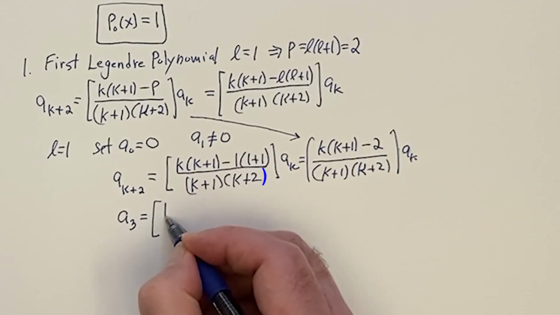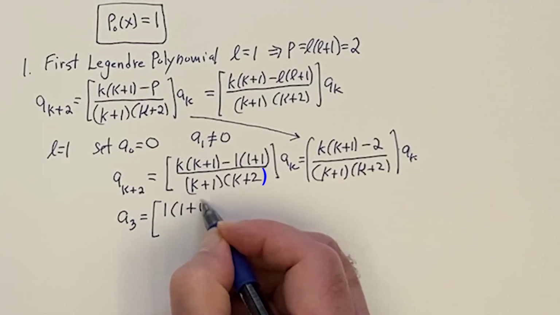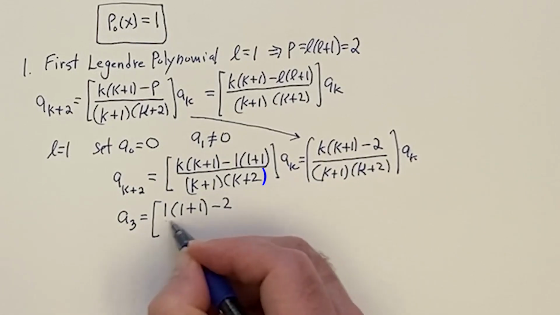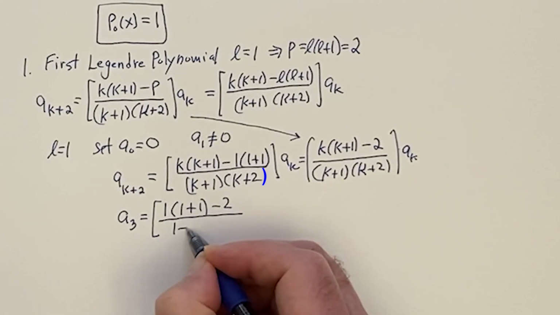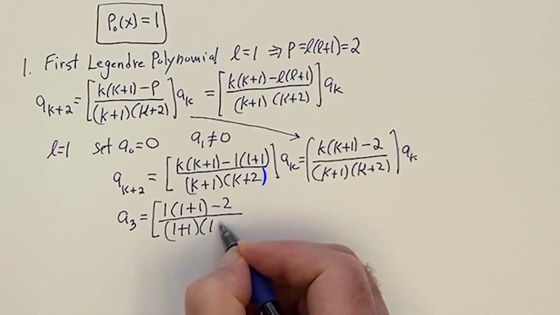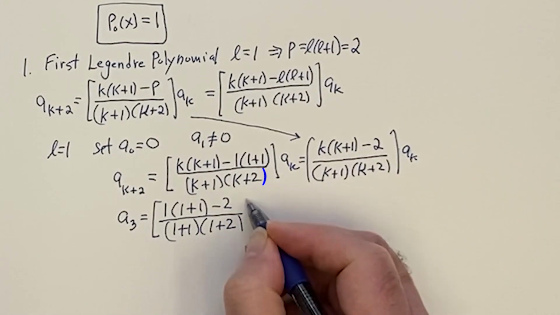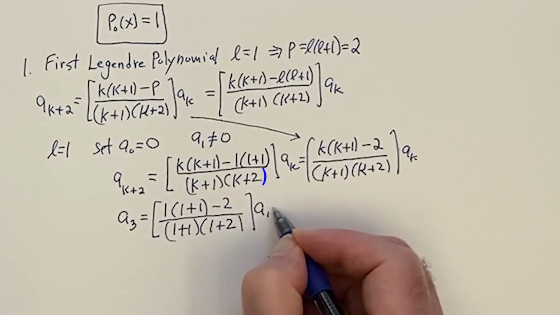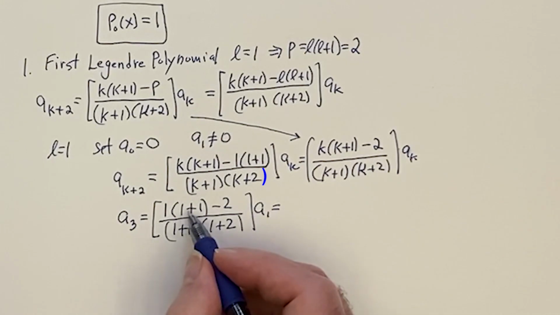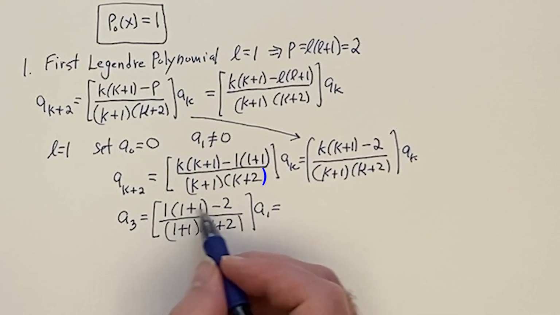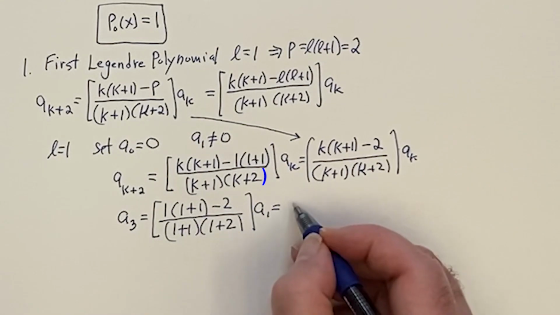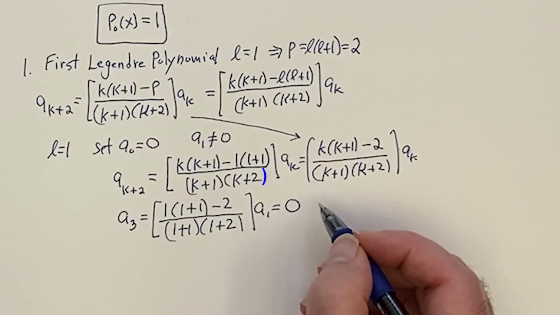So then you would have 1 plus 1 over here minus 2 over 1 plus 1 and 1 plus 2 a sub 1. And that's going to get you 2 minus 2 is 0. That's going to get you 0.